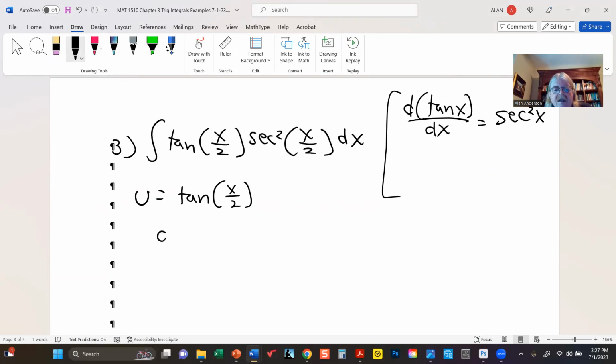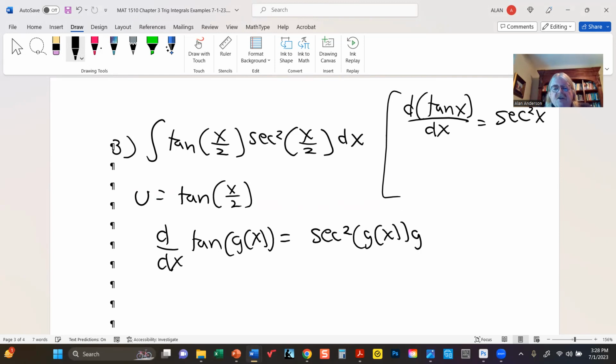If our function is the tangent, not of x, but of g of x, then what we have instead is the secant squared of g of x times g prime of x. So the rule we have up here only applies to x. For any other function of x, the derivative of tangent of g of x is secant squared g of x times g prime of x.